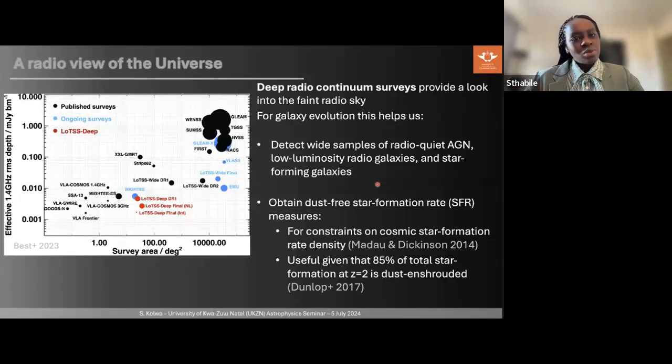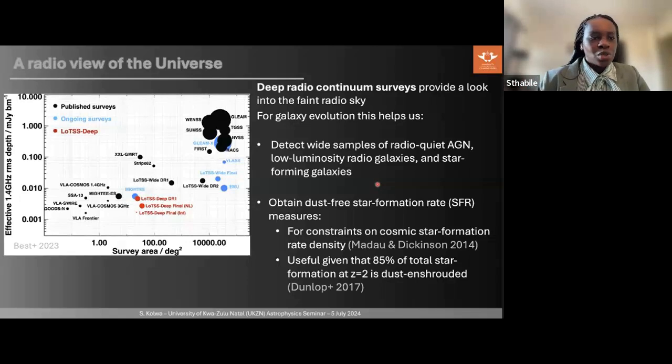And this is essential, of course, when we look at cosmic star formation rate density, and there's been some significant work to use MeerKAT imaging to properly constrain detection. And given the fact that from the early universe up to redshift 2, 85% of the total star formation rate in the universe is estimated to be dust enshrouded, deep radio continuum surveys will be essential in studies of galaxy formation, especially when we consider star formation.